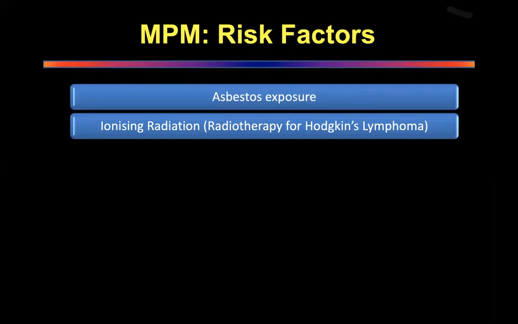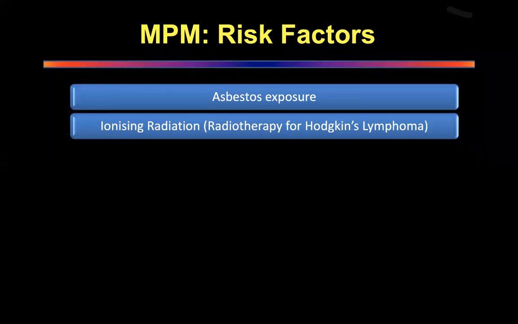In addition to asbestos exposure, the other risk factors for malignant pleural mesothelioma is a history of radiotherapy to the chest. Particularly radiotherapy for Hodgkin's lymphoma. The problem with this was a lot of these patients received radiotherapy in the early 2000s or early 1990s, and at that time we did not have these high beam CTs or SBRTs and things like that.